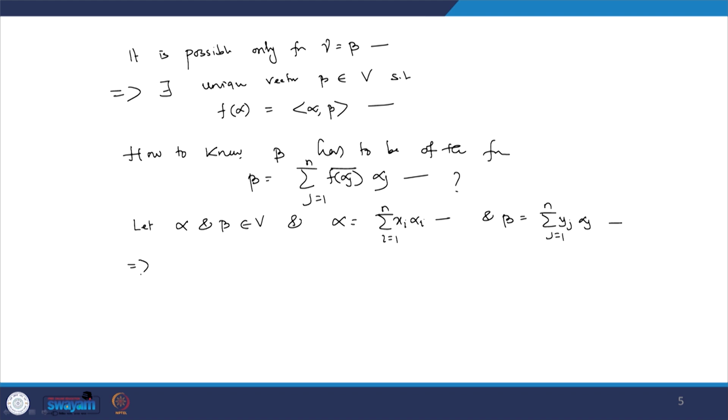So, this implies inner product of alpha and beta will be equal to inner product of sigma xi alpha i and sigma yj alpha j.